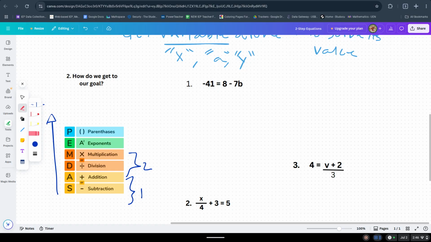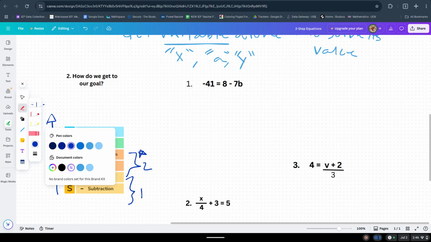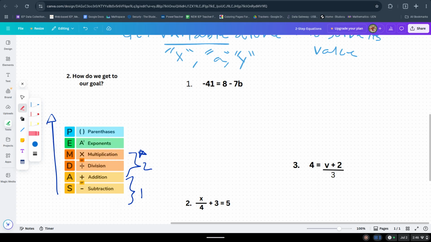And that is not the first thing we're doing, that's in our second area. So let's look at this 8. What's happening to it? Well, the -7 is being subtracted from it. It's not being multiplied or divided. So I know that this 8 is the first thing I want to do. I'm going to put 1 by it, saying that's my first thing. And since there's only one other number, this is my second number I want to work with.